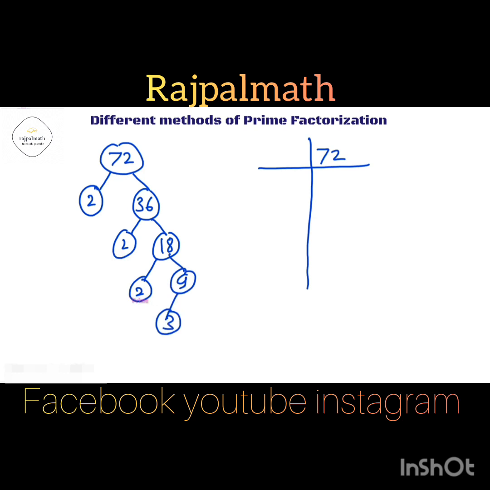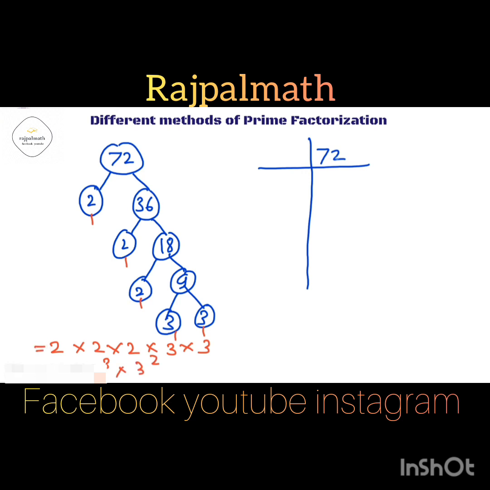It has two factors, 3 into 3. Now we have all the prime numbers at the leaf nodes. Hence the prime factorization of 72 is 2 into 2 into 2 into 3 into 3. In exponential form, we can also represent it as 2 to the power 3 into 3 to the power 2.